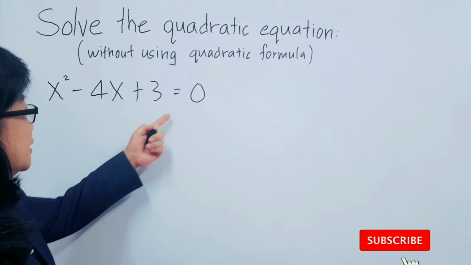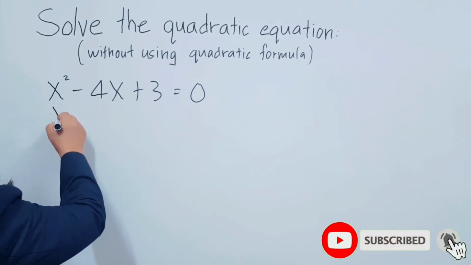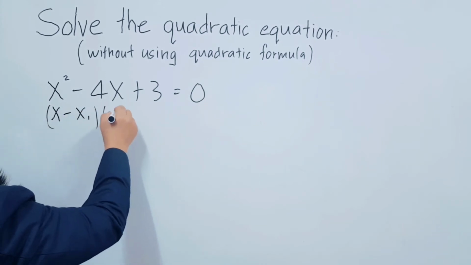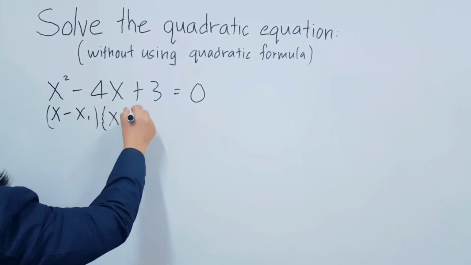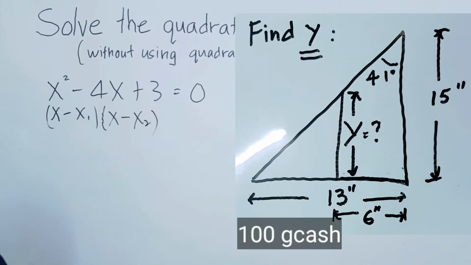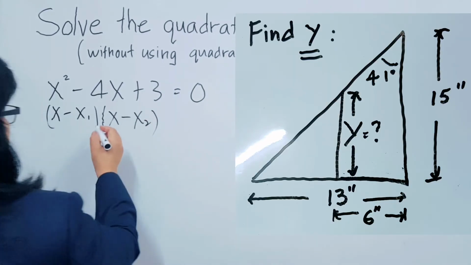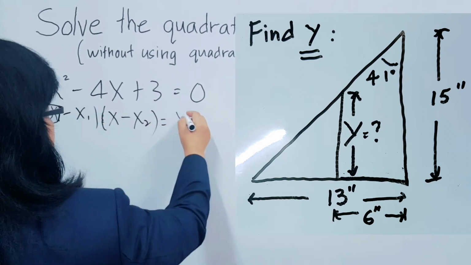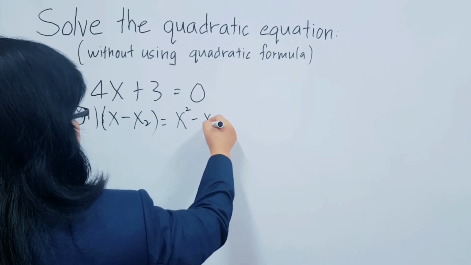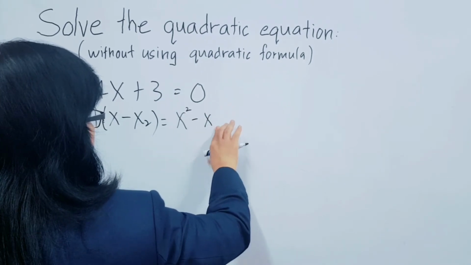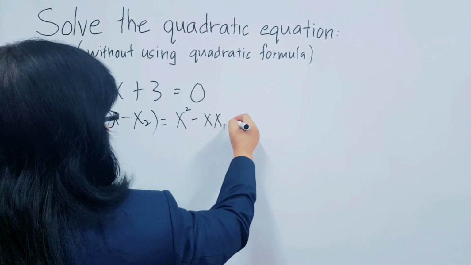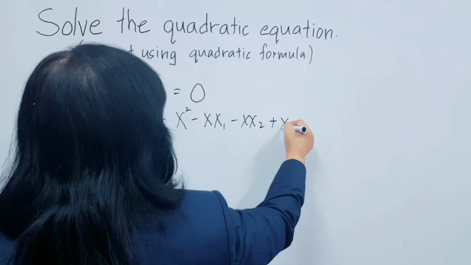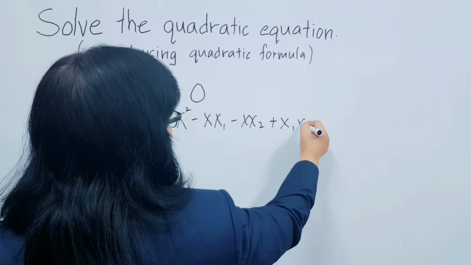So this one can be written as x minus x1 times x minus x2, which, if you multiply these two, will be equal to x squared minus x times x1 plus x2, plus x1 x2.